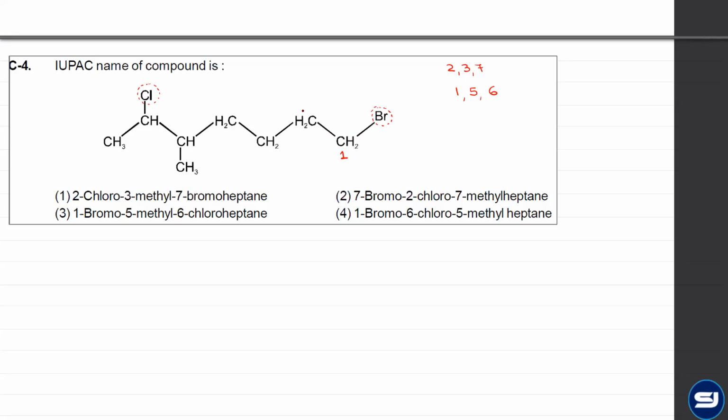That is why the correct numbering will be from the right side. Also, if there are multiple substituents, you have to arrange them in alphabetical order. So there is bromo ka B, chloro ka C, and methyl ka M. And with the locants, the name will be 1-bromo, 6-chloro, 5-methyl, and the parent of 7 called heptane. That's option 4.